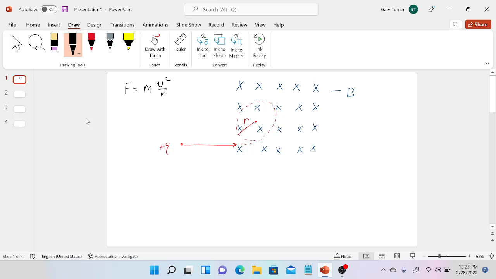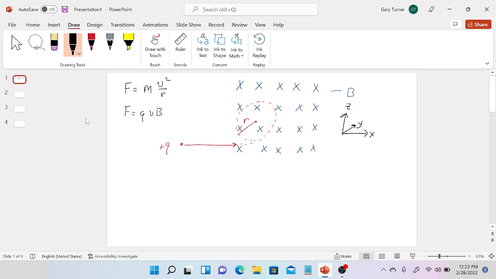But it's the magnetic force that produces this. So the magnetic force is going to be equal to QVB. Now, we're assuming that everything is at right angles here, right? So if I draw a coordinate system, X, Y, Z, X, Y would be into the page, and then Z would be up.